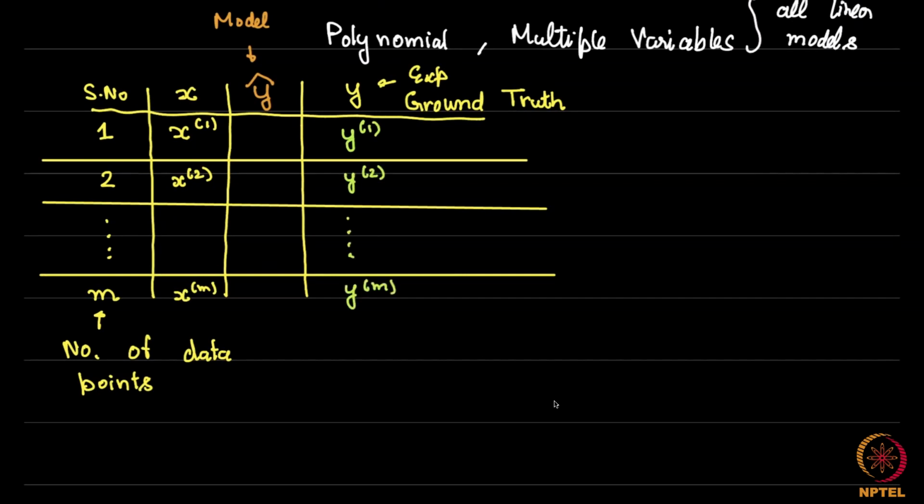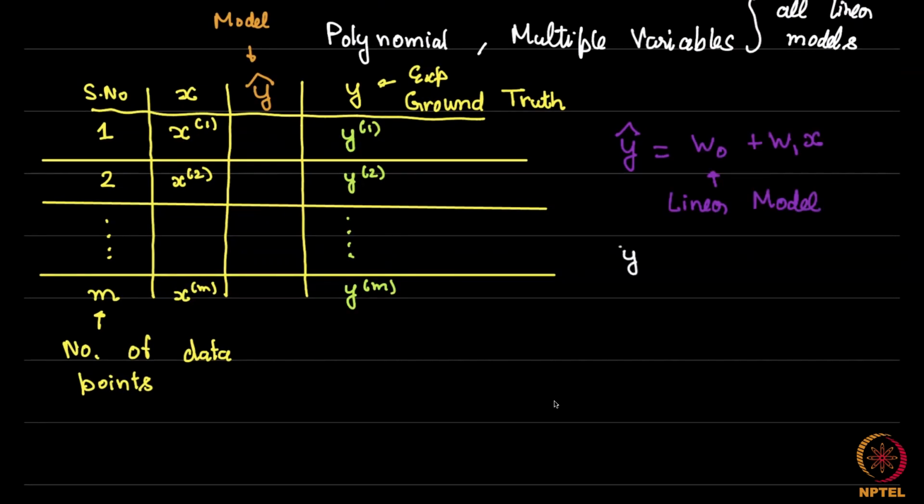Now, for a linear model, let's say we had the simple linear model, which is our usual model, y hat equal to w0 plus w1x. This is how we predict each one of these data points.